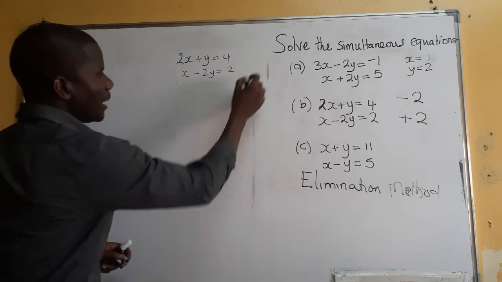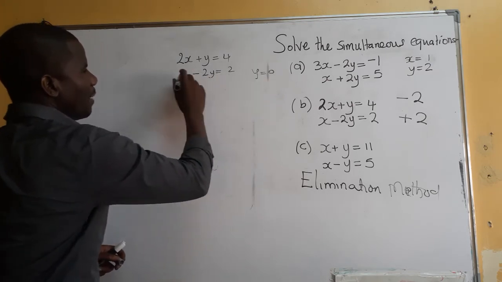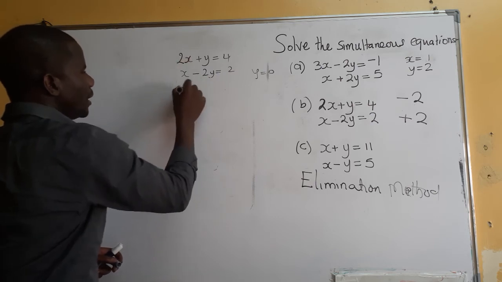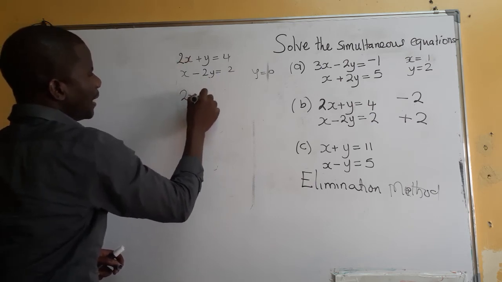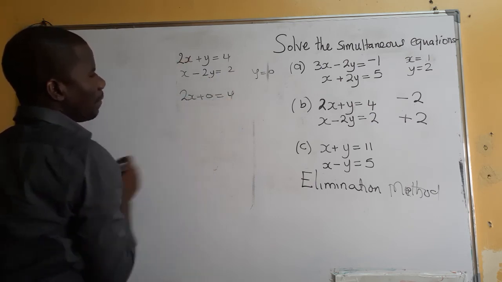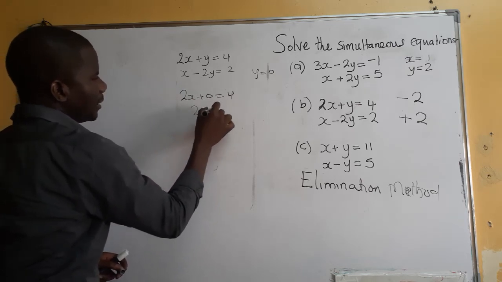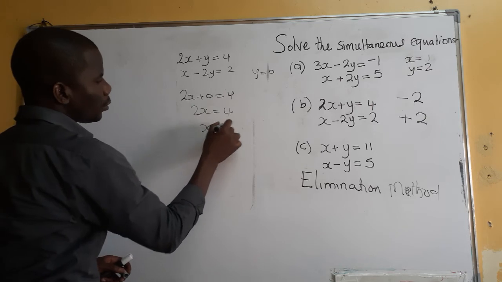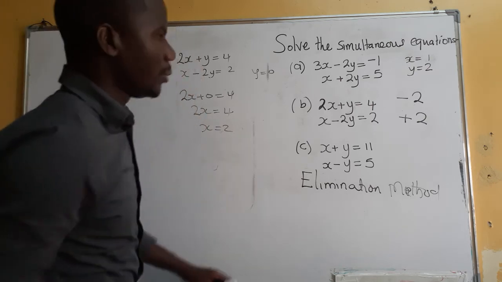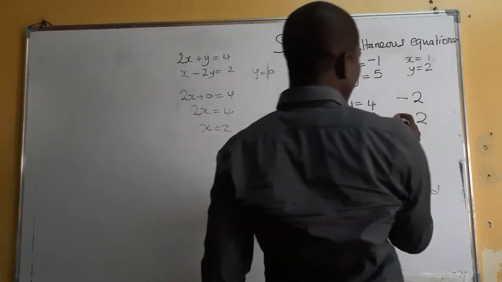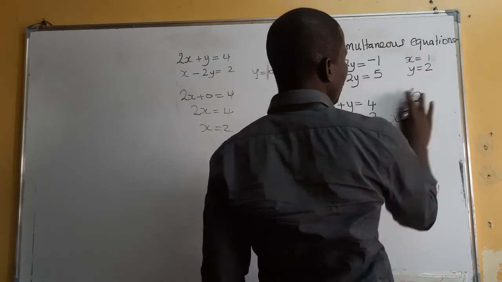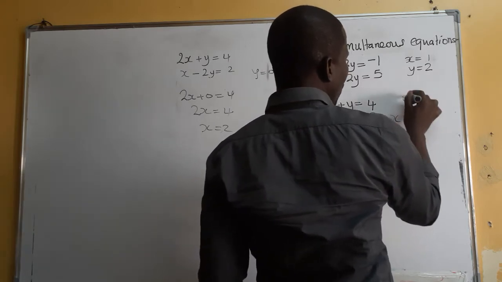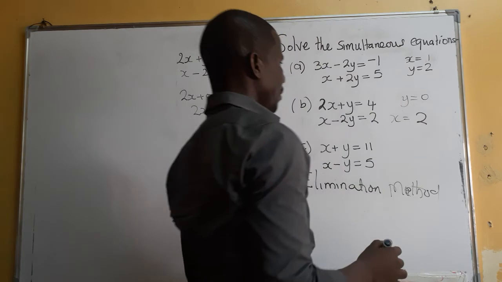So we said y is equal to 0. If we are picking the first one, we'll say 2x plus 0 is equal to 4. 2x is equal to 4. x is equal to 2. So it goes to say that x is equal to 2 and y is equal to 0.